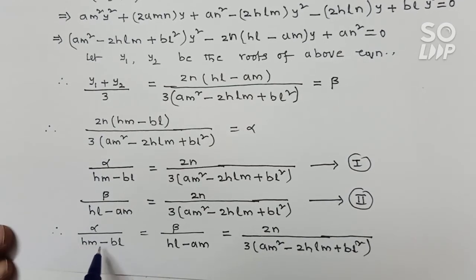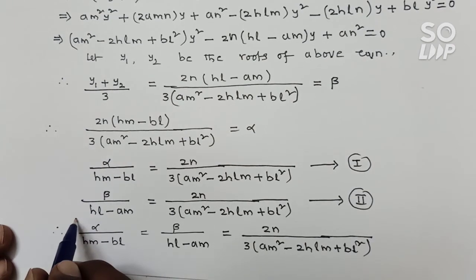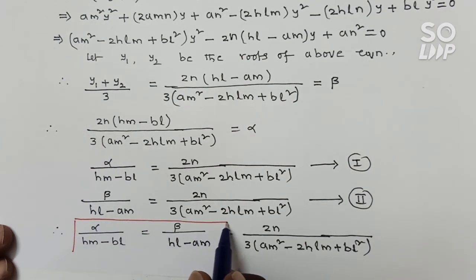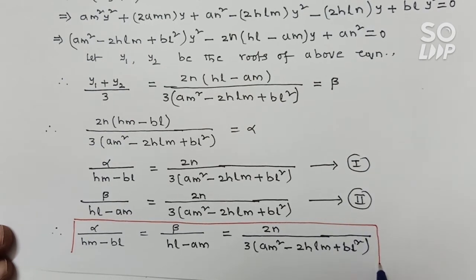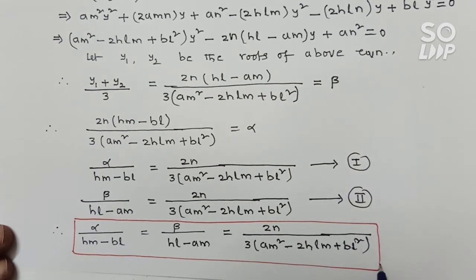Another thing is that these two reciprocals are given, I mean b L minus h m is equal to a m minus h L is given. So you write this, and your result will be the required result. Please all of you understand very clearly.